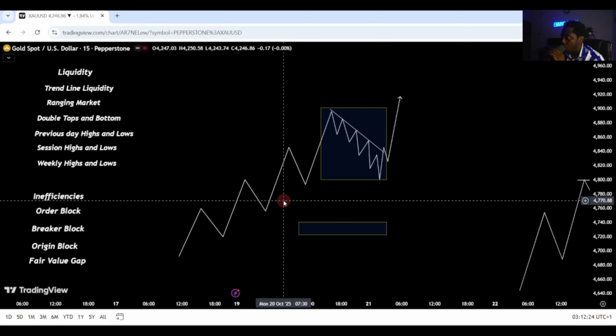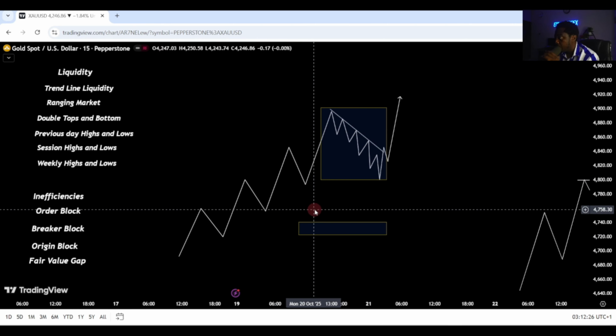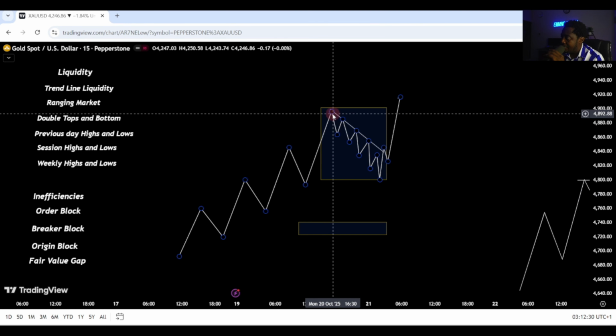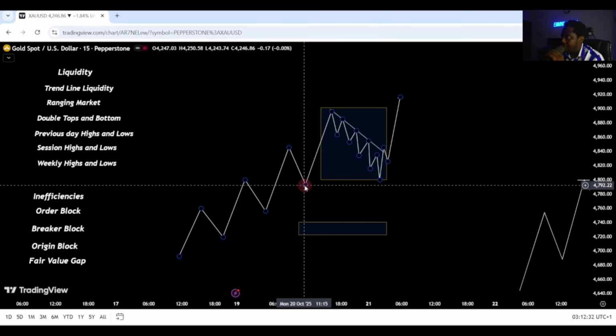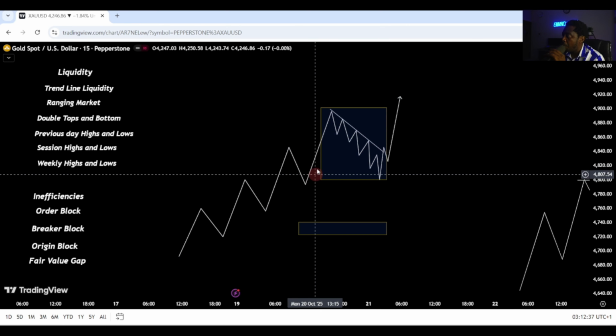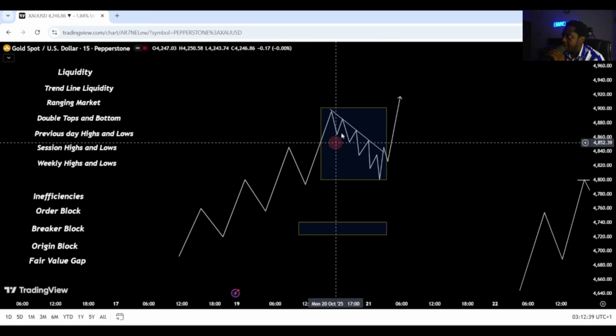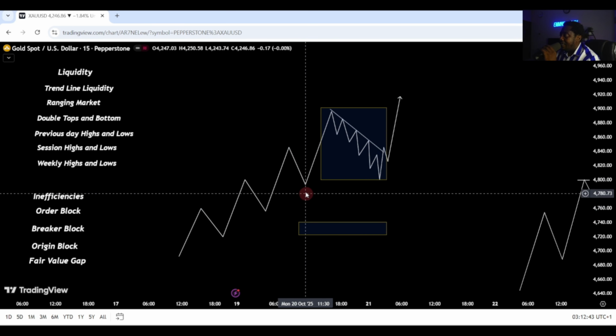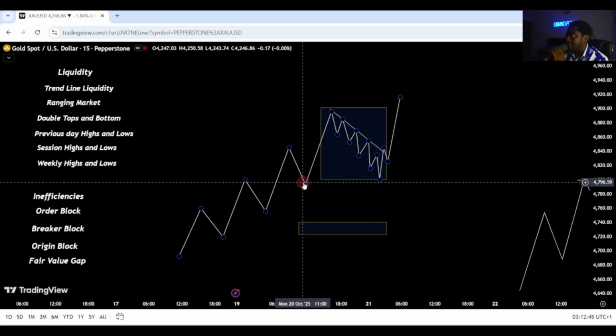Why did I call it an origin block? The swing started from here and ended here. The swing started from this place. This was the origin of the swing. So if the swing started from here and ended here, that means this place is an origin block, and it is a very, very important block in the forex market.